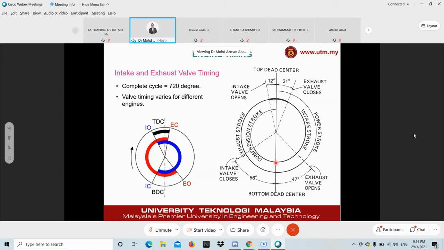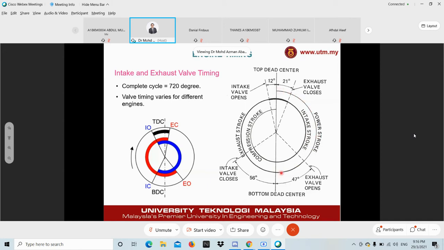After that is the compression stroke. The piston starts to move back up to TDC, another 180 degrees. Then you have the power stroke. We're talking about the piston position first, so don't bring in the valves yet. The piston is at TDC, moving to BDC on the power stroke.